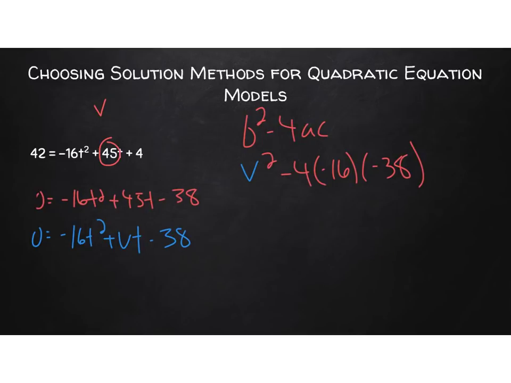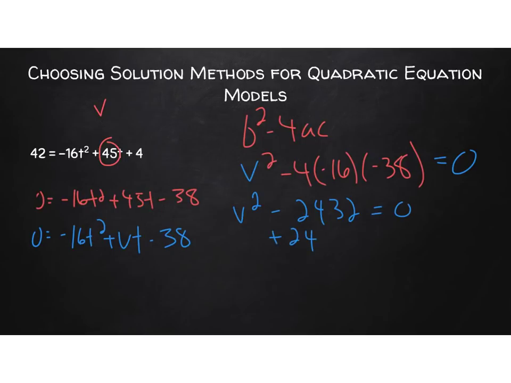And really we just need one real solution. We don't need it twice. So as we talked about before in 9.3, for one real solution the discriminant just needs to be set equal to 0. So then we get v squared, and then multiplying 4 times 16 times 38 is 2,432. We have 3 negatives, so that becomes negative, and that is equal to 0.